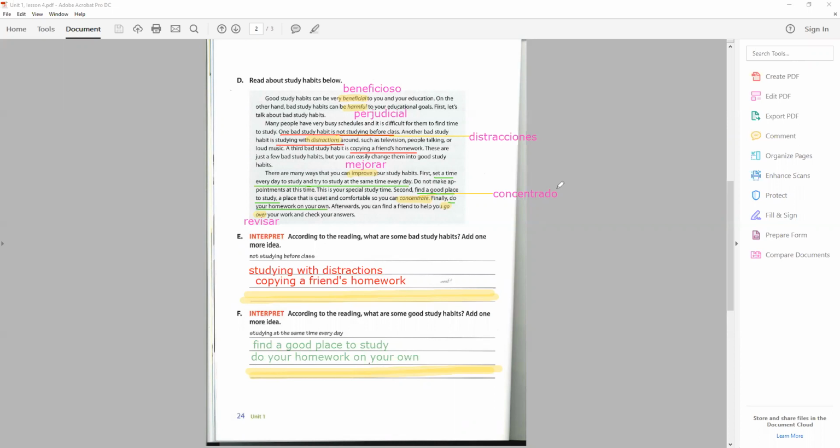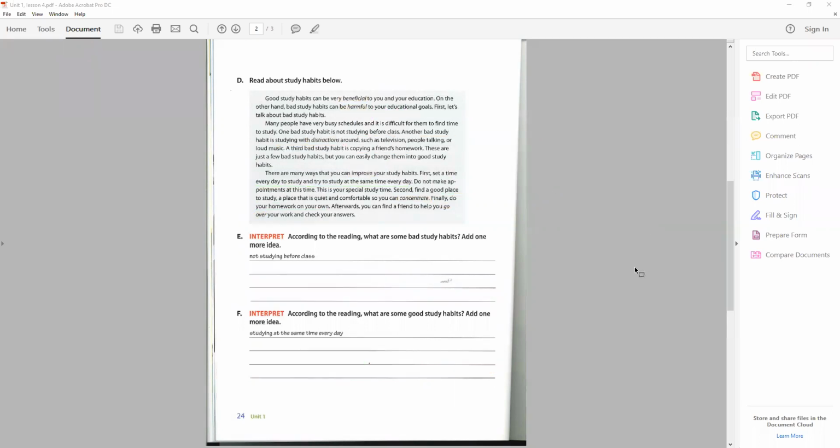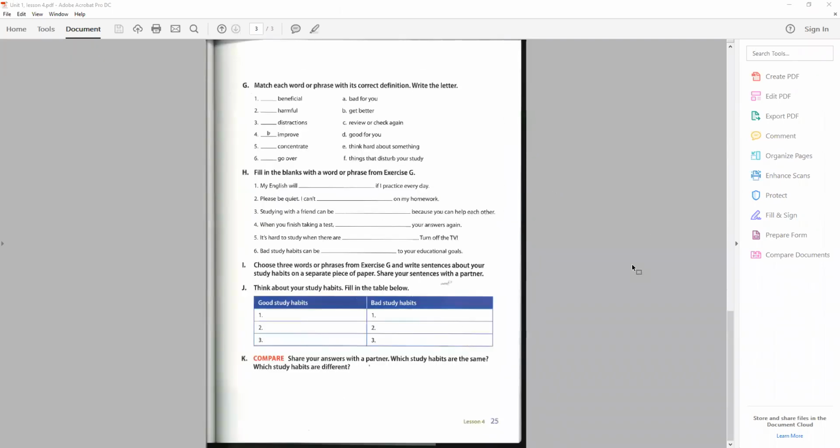All right, I'm gonna go ahead and clear. Okay, now let's look at G. It says match each word or phrase with its correct definition. Okay, so we did number 4, improve.